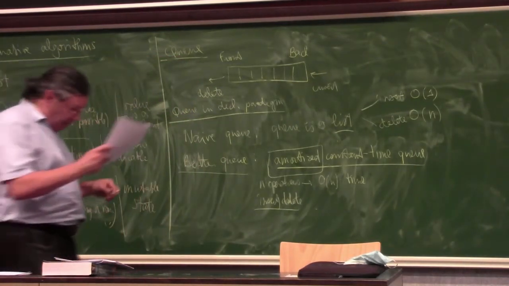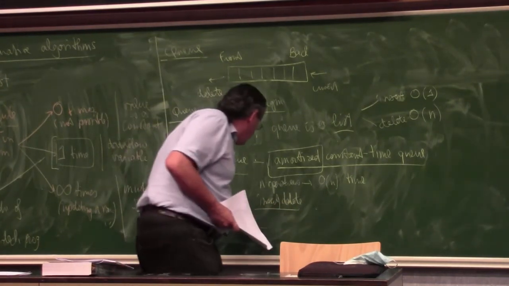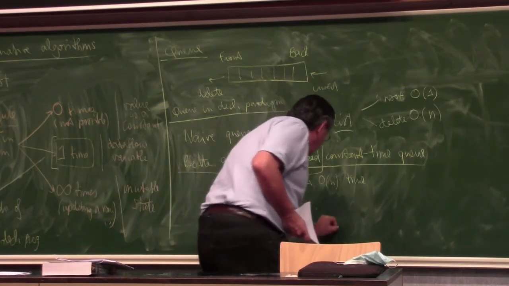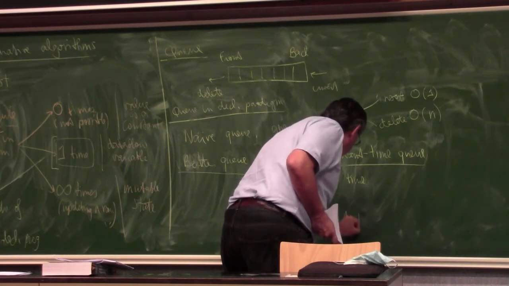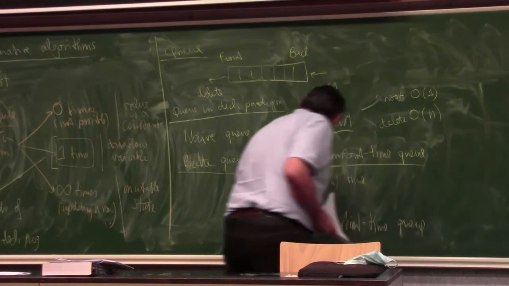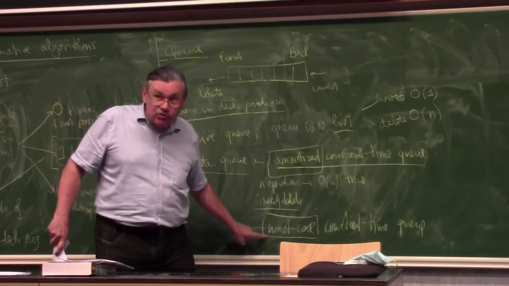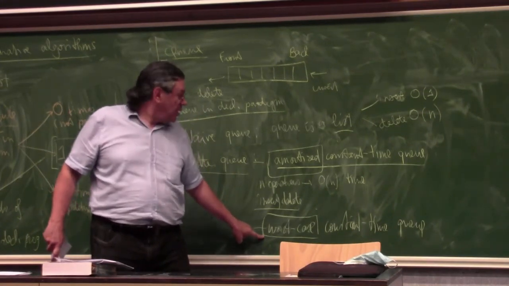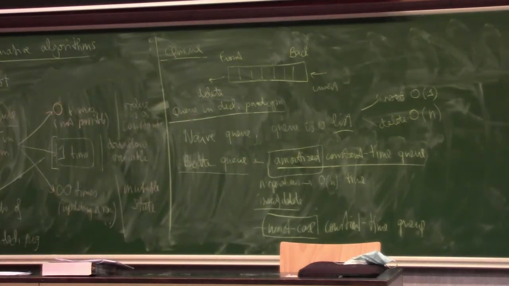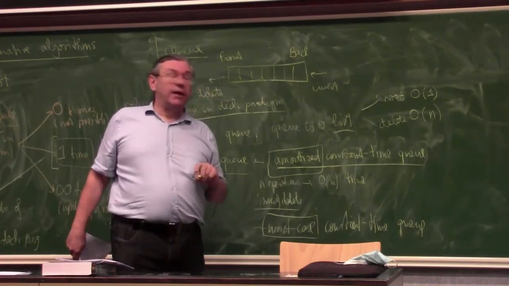Okay, so I will show you an amortized constant time queue, and then I will show you a worst case constant time queue. It's declarative. So worst case is very good. That means each insert and each delete will be constant time. Whereas in the amortized, I will only have the constant time on average. Okay? If I do n operations, the total would be order n.